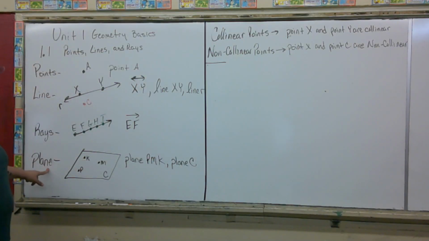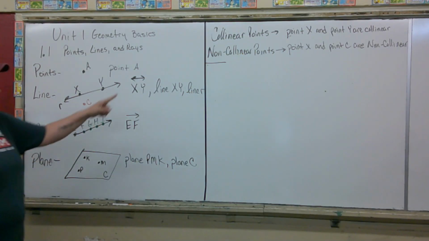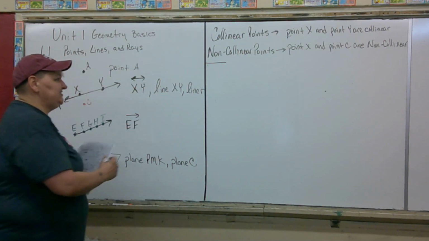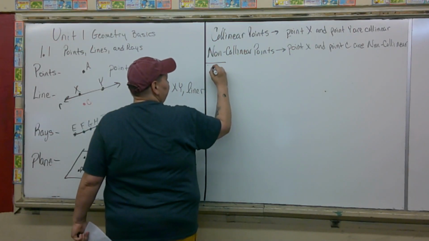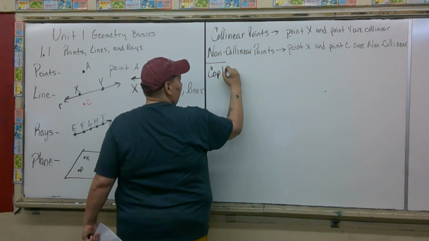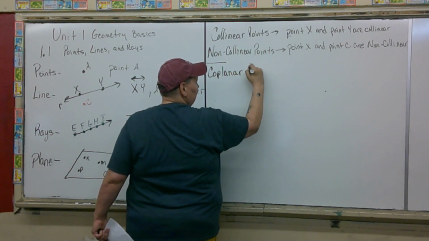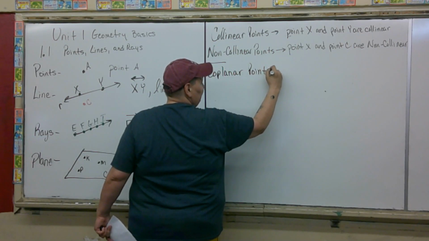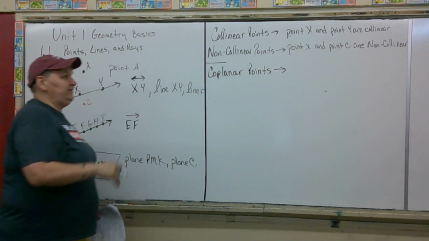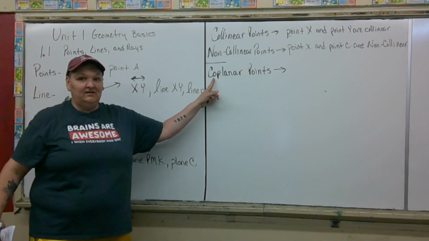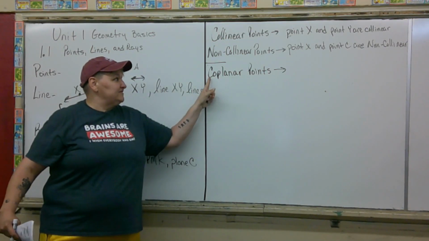Now, side note about planes, just like lines have a side point, planes have a side point. They have coplanar points, which means same plane. Points that are on the same plane.